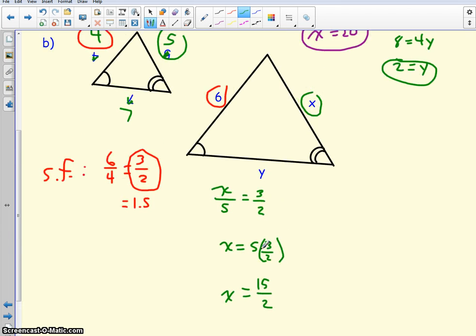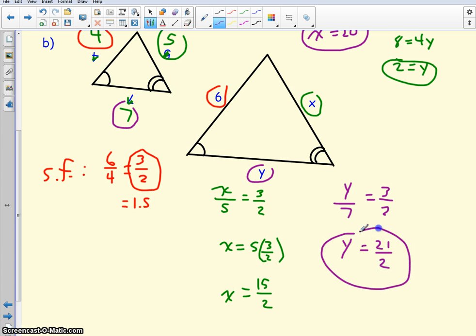Okay, and last but not least, do the same thing for y. So we've got y and 7. So y over 7, same thing, same scale factor, 3 over 2. So when you solve for y by multiplying both sides by 7, you're going to get 21 over 2. Okay, and we've solved that one right there.